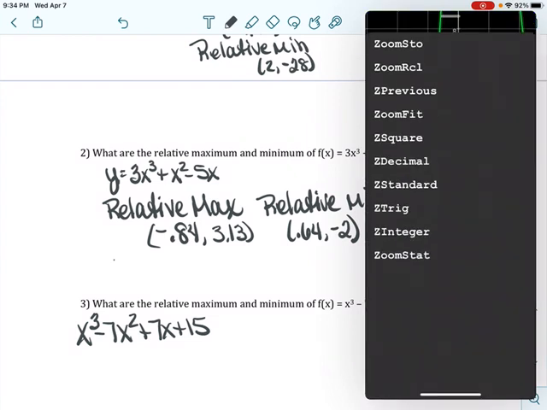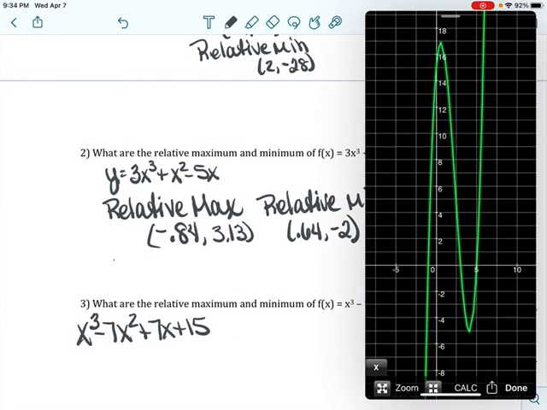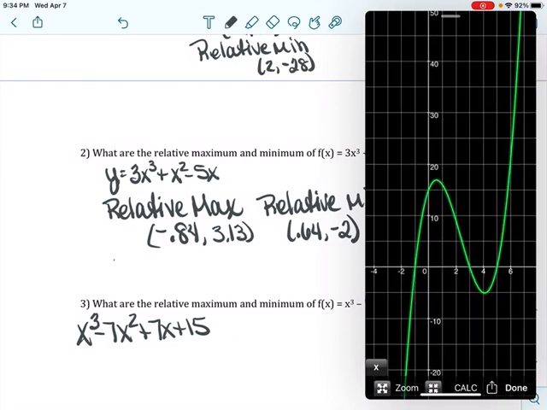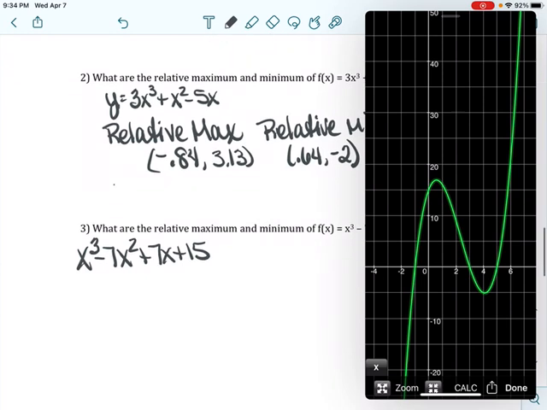Zoom standard. There we go. We can see them a little bit better. Okay, so we got relative max. Now, all the problems we did were x cubed, so I should have given us more variety. We'll do some more in our warm-up.